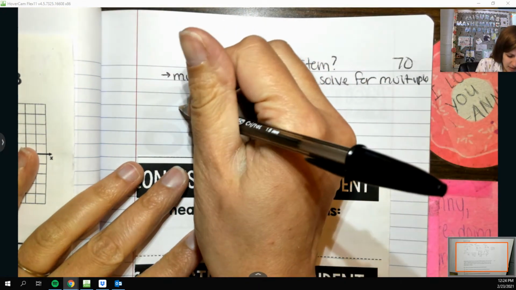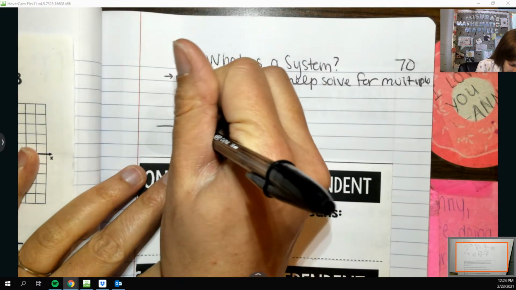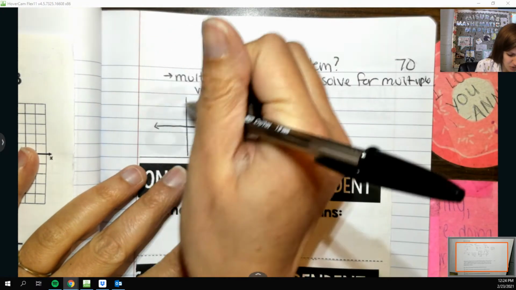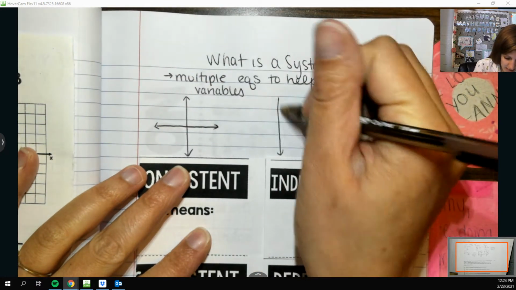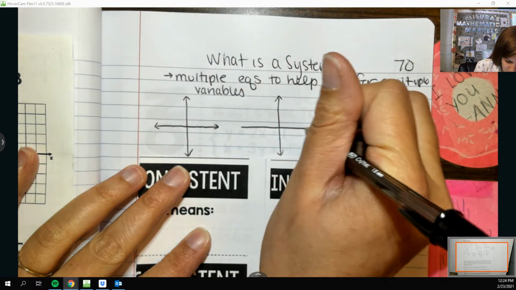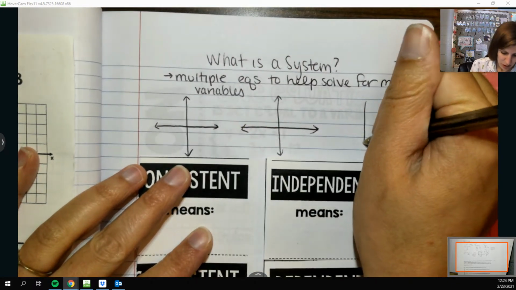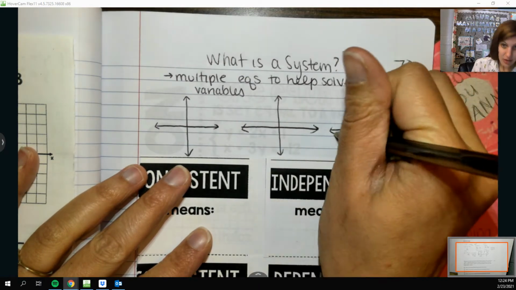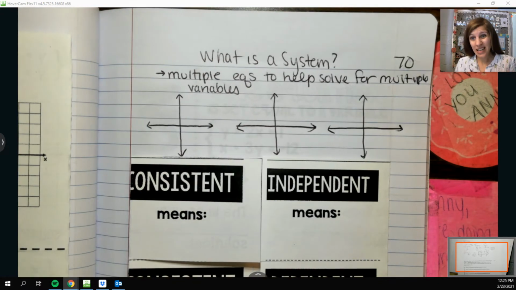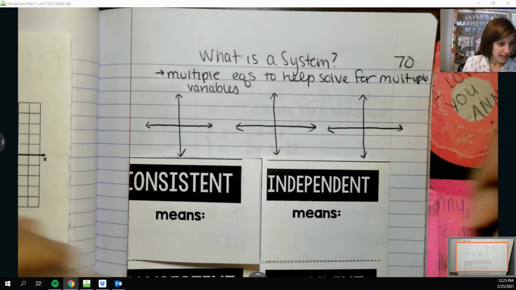So when we think about this graphically, what we will always have are 2 lines, because if I'm solving for x and y, that means I have an x and a y in my equation, and that's what we were talking about all last chapter, like y equals mx plus b. When we are thinking about 2 lines on a graph, there are 3 things that could happen.